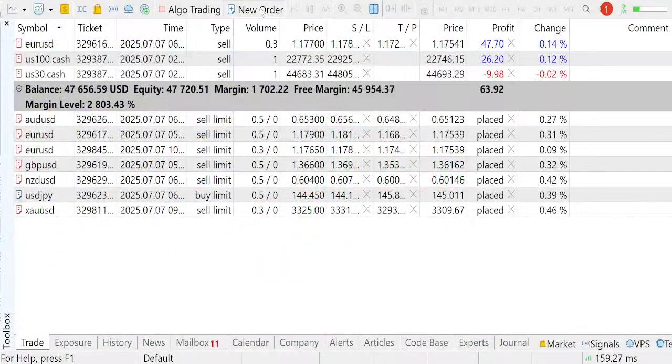So we'll go for a new order, sell at 25, 36.25, and the stop is only about 15 to 70 pips.